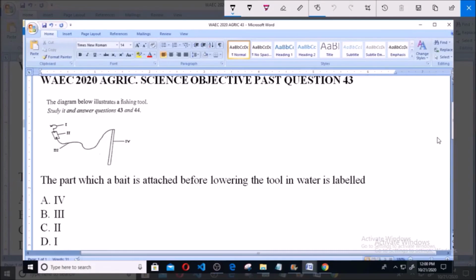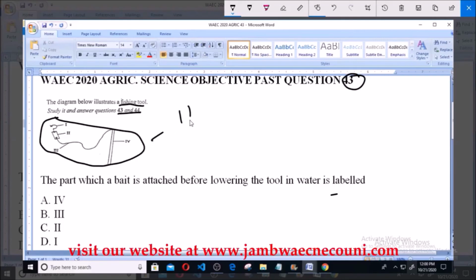You have a diagram here illustrating a fishing tool. So I use it to answer questions 43 and 44. So this is question 43. Now, the part to which a bait is attached before lowering the tool in water is labeled A. 4, B. 3, C. 2, D. 1. Now, this fishing tool is usually known as the hook and line setup.